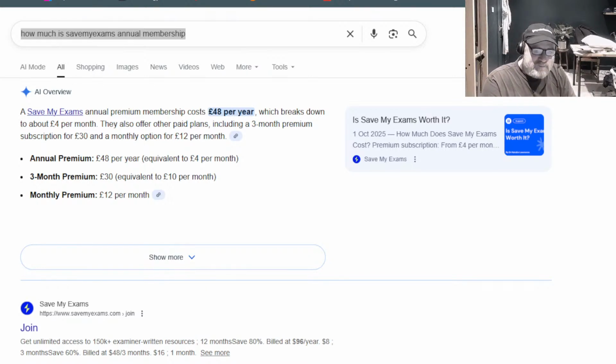Another little tactic that I use. Where's my CGP?